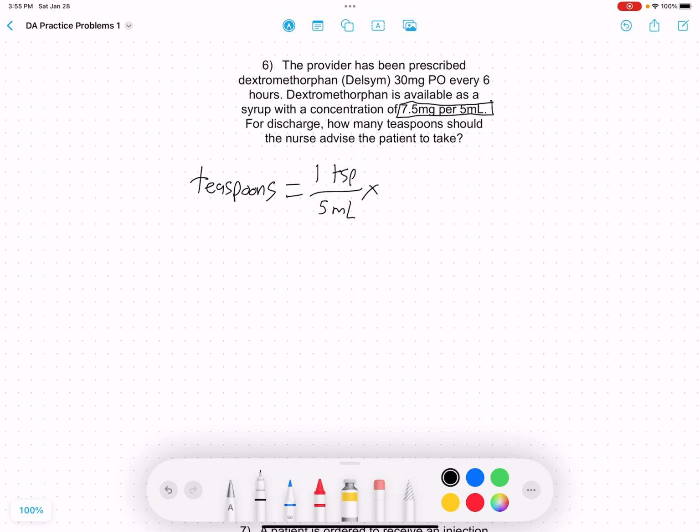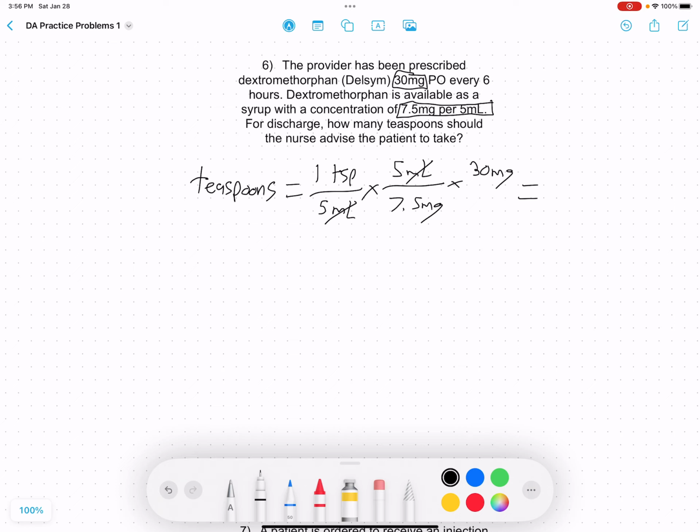So to cancel that out, we're going to have our 5 mils and then 7.5 milligrams at the bottom, which cancels out these milliliters when we go ahead and do our calculation. And now in order to cancel out those milligrams, what do we have in our question? We have the order for 30 milligrams. So we can go ahead, add our 30 milligrams, and go about doing our math.